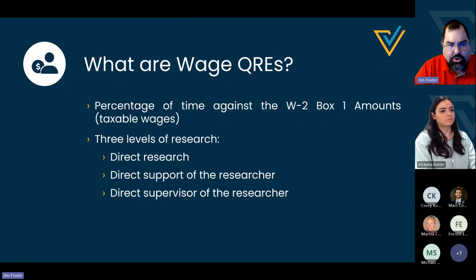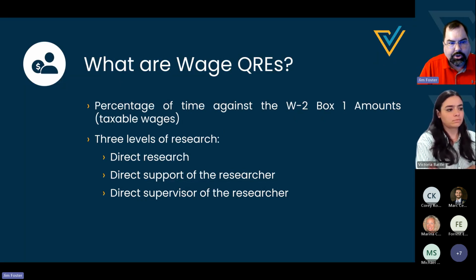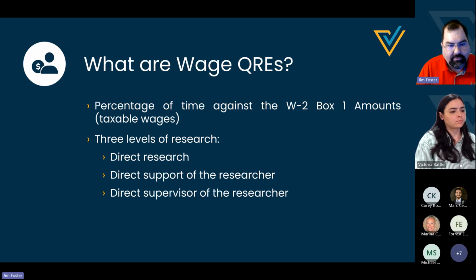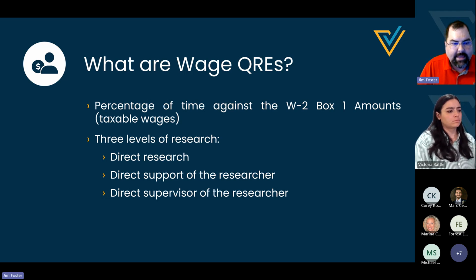And the wages are the percentage of time that the employee spends on the qualified business components multiplied against their W-2 Box 1 amounts, their taxable wages. And we're able to capture 3 different levels of research. We can do the direct researcher, meaning the person that is performing the research.